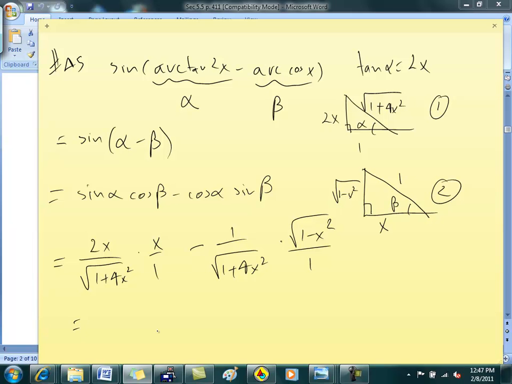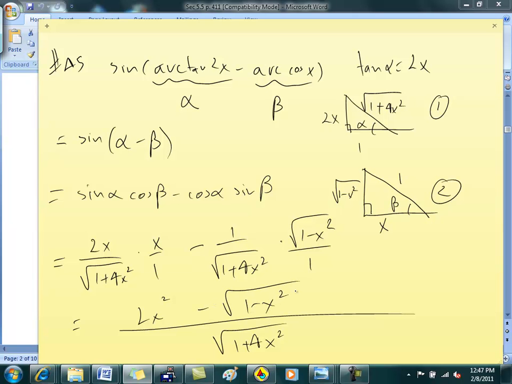The denominator is the beast. The numerator is 2x squared minus the small beast. Nothing can be done beyond this. You can leave the radical underneath here if this is an expression. You can't have a square root of 3 or a square root of 2 downstairs in a number, but if it's an expression, you can leave it like that. I think that is the answer. If you check the answer in the book, that is the answer.